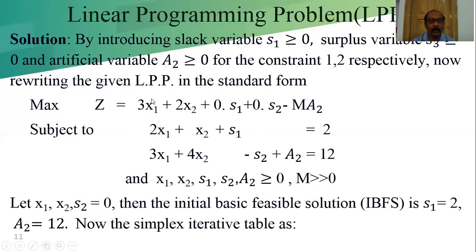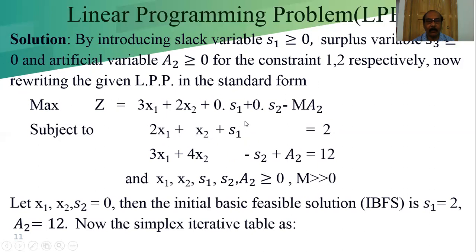The coefficients of s1 and a2 are 1, 0 and 0, 1, forming the unit matrix, so they are forming the basis. That's why we are considering x1, x2 and s2 equal to 0 initially.